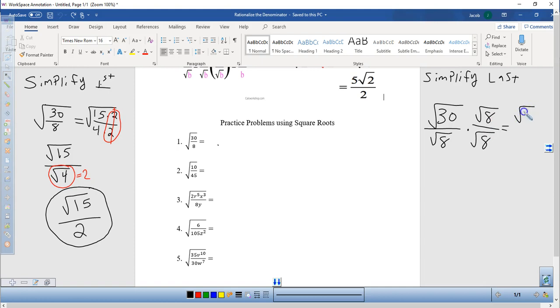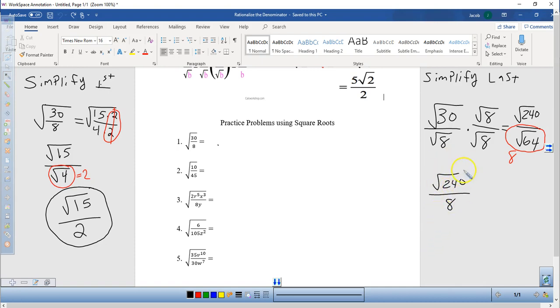We have the square root of 240 on the bottom. 8 times 8 is 64. And we know from our perfect square list in our other video that the square root of 64 is the number 8, just like they did up here. So I've got the square root of 240 over 8.